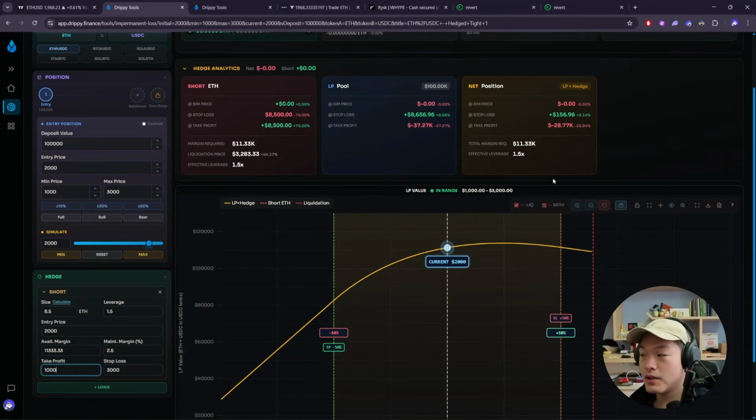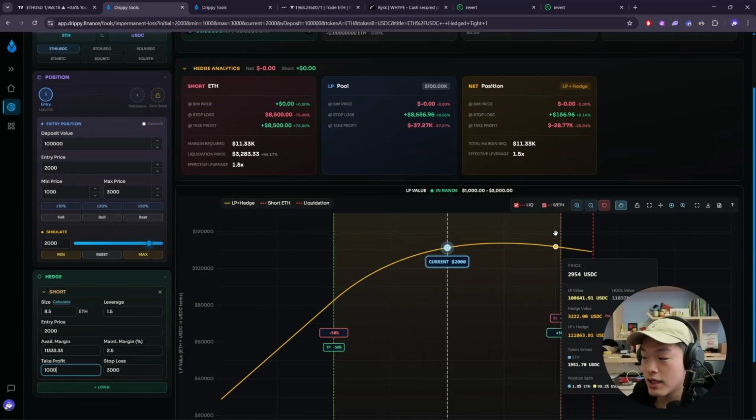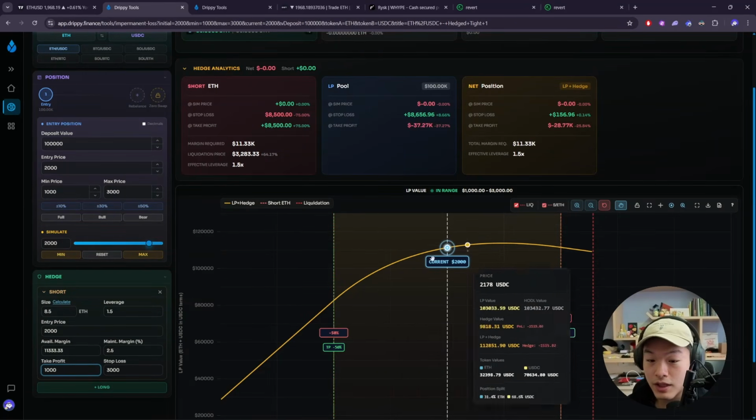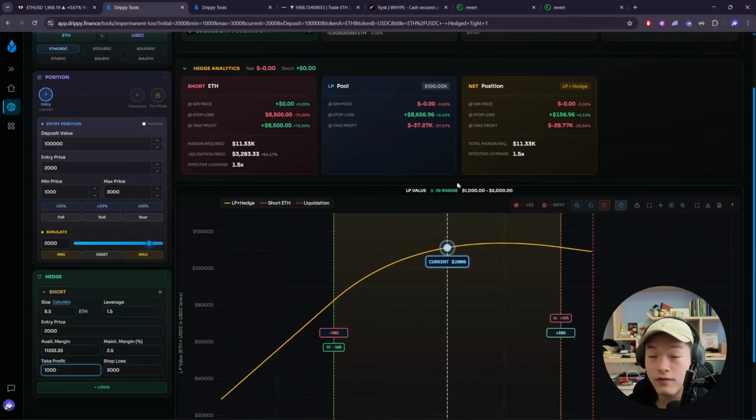And I've also been learning more about options lately. And what you will notice is that this equity curve has a profit and loss shape very similar to either a cash secured put or a covered call option.